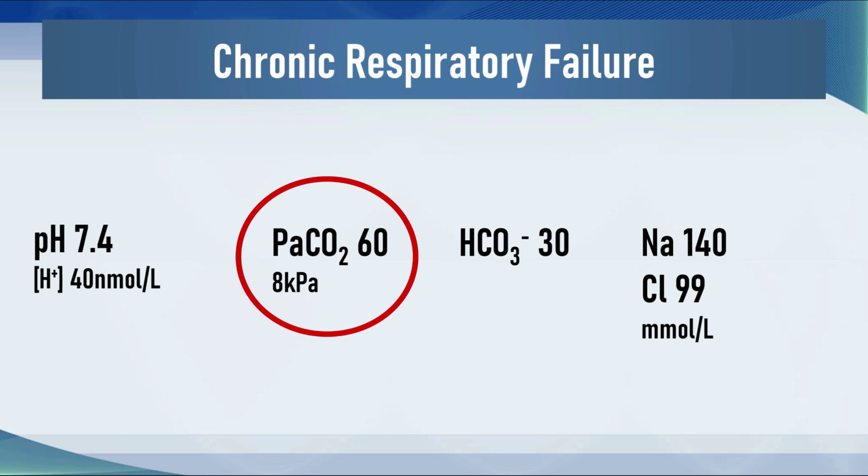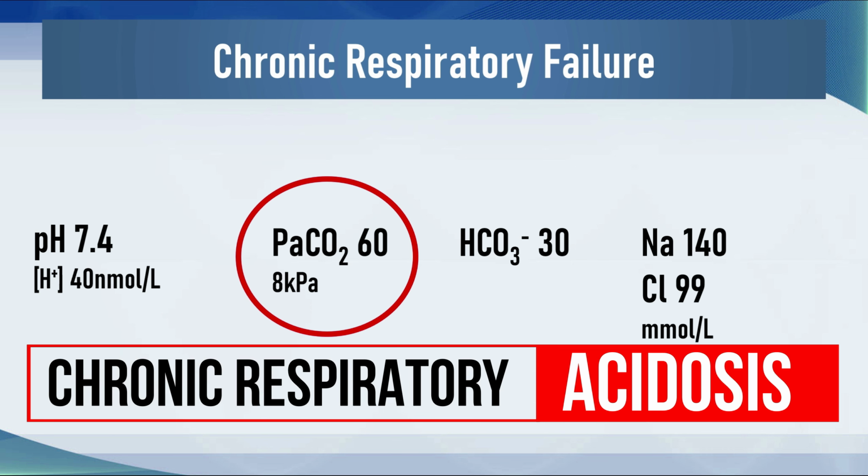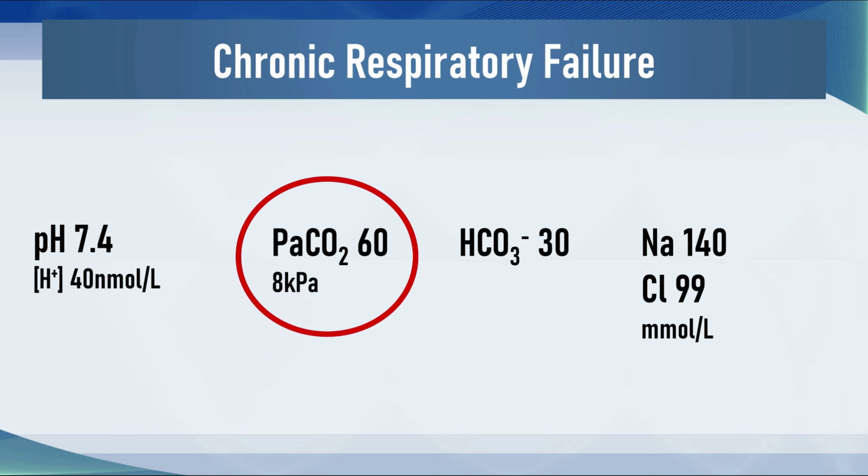I have displayed the patient's sodium and chloride. In this situation, known colloquially as chronic respiratory acidosis, the body has dealt with the higher level of circulating anion, that is bicarbonate, by wasting chloride in the urine. That is known as renal compensation. The low chloride and normal sodium being almost pathognomonic of this disease.